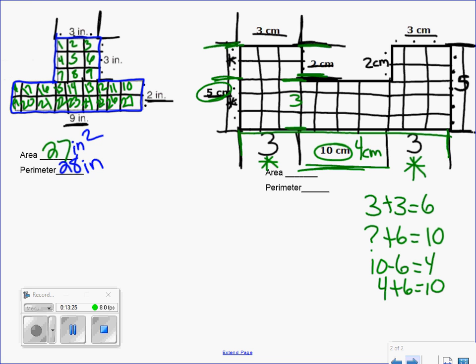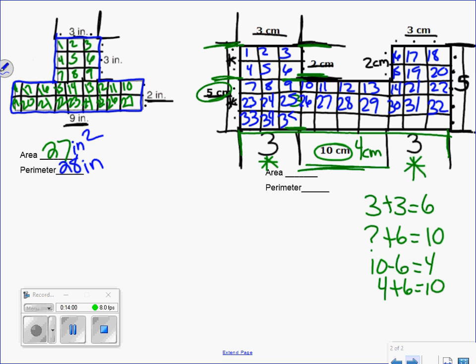So now I can come in here and I can find the area first. So I count the squares: 1, 2, 3, and so on, up to 40, 41, 42.